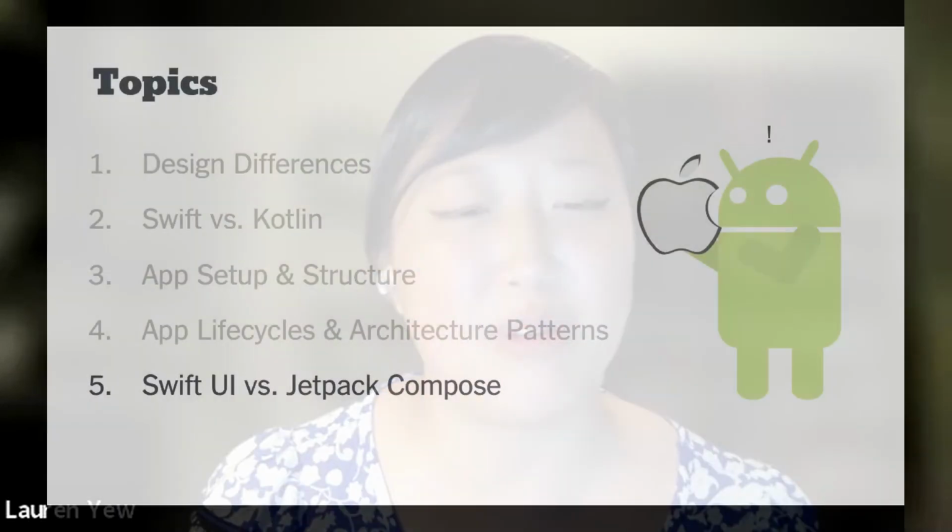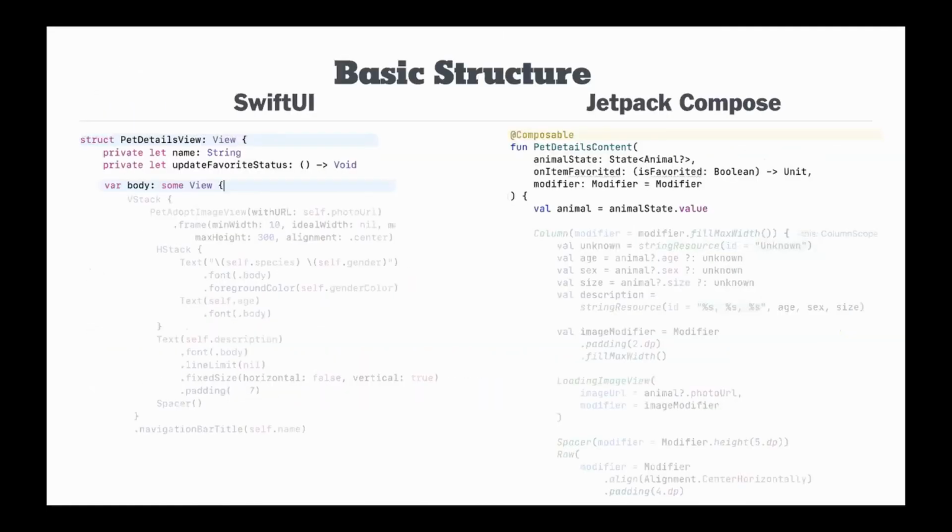Okay. Final topic, everyone's favorite topic, which is SwiftUI versus Jetpack Compose. So if you're building in SwiftUI, you need to declare a struct of type View, and this View is actually a SwiftUI type and requires you to have a var body of some View, which will have some content. This is very similar to Jetpack Compose, where you declare a composable that will have some content.